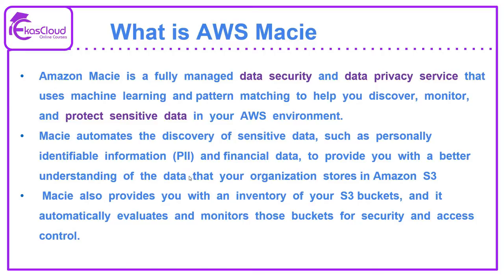This service is automated and sensitive data that can be discovered include your personally identifiable information. That will be things like someone's real name, their date of birth, the address, and things that can identify you as a person.